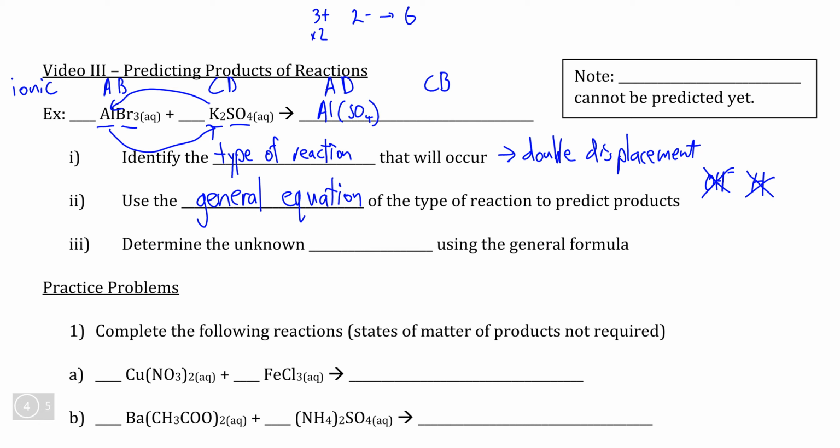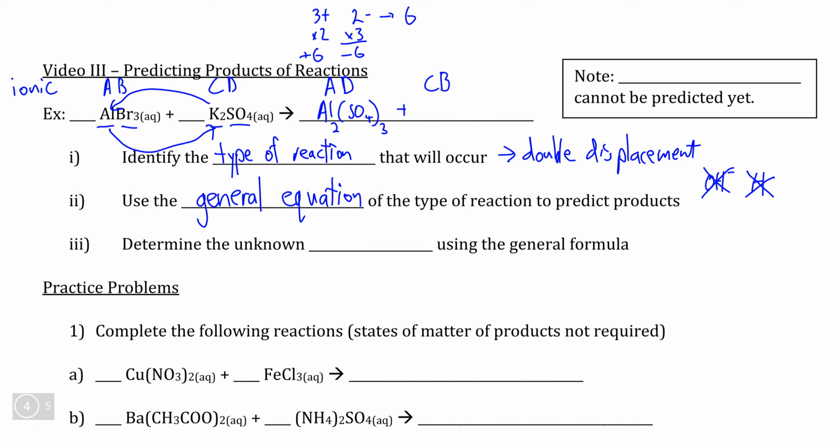So 3 times 2 is 6, so that means that we need 2 aluminum ions, and that will give us +3 times 2 is +6, and -2 times 3 is -6, so that means that we need 3 sulfate polyatomic ions, and we can see +6 minus 6 is 0, so our charge is balanced.